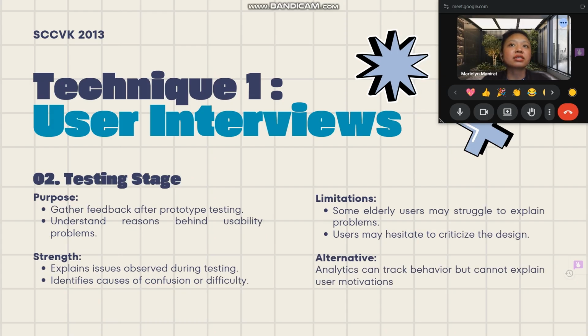The second stage of user interviews is the testing stage. In this stage, users interact with the prototype, followed by an interview to help identify the reasons behind usability issues.